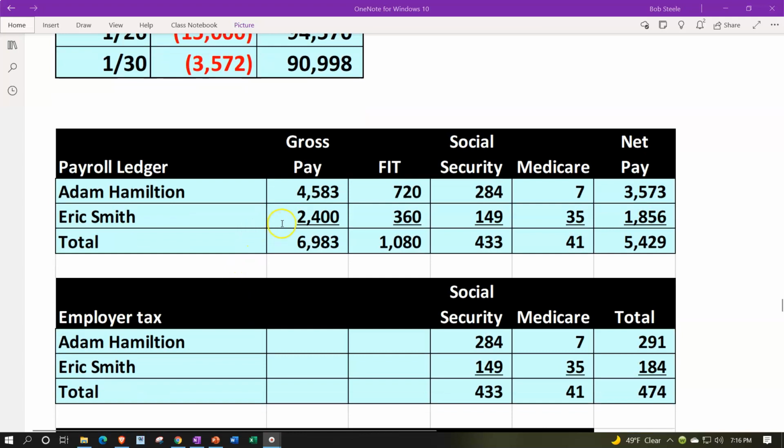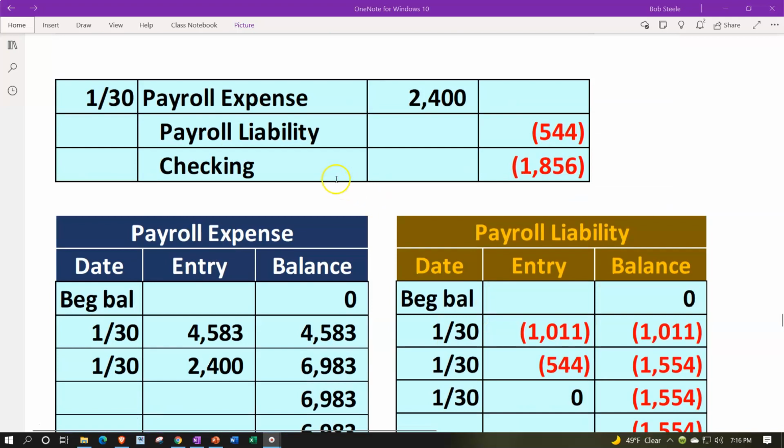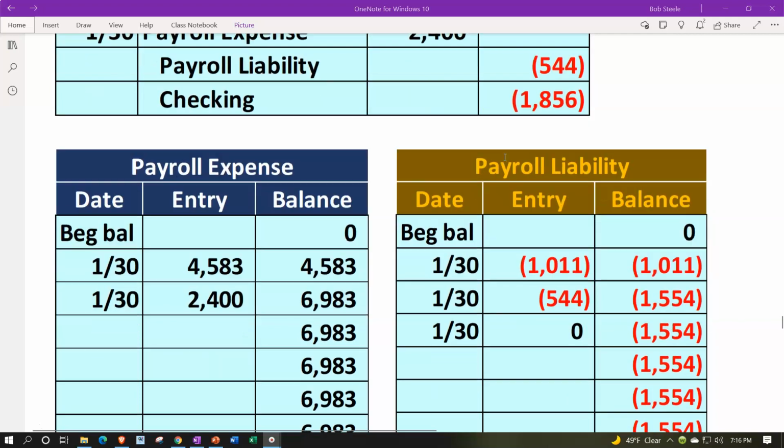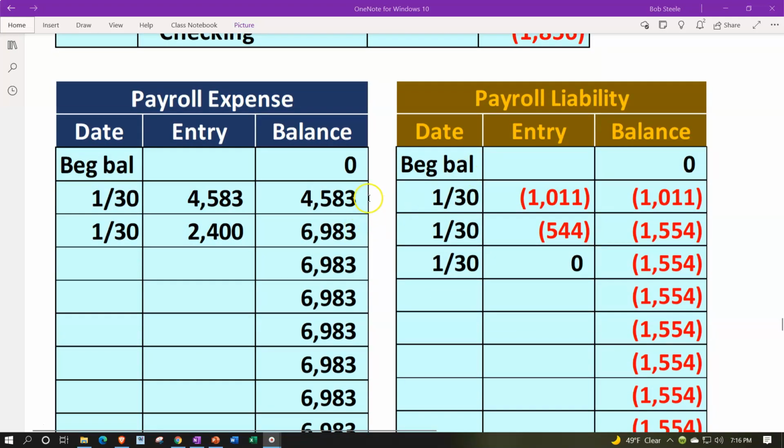Now Erica is going to have a gross payroll expense of $2,400, the checking account going down by the $1,856, and then the difference, FIT, Social Security, Medicare, being the payroll liability. So there's the payroll expense, payroll liability, and the checking account. In the GL accounts, the payroll expense was at $4,583, up by $2,400 to $6,983.